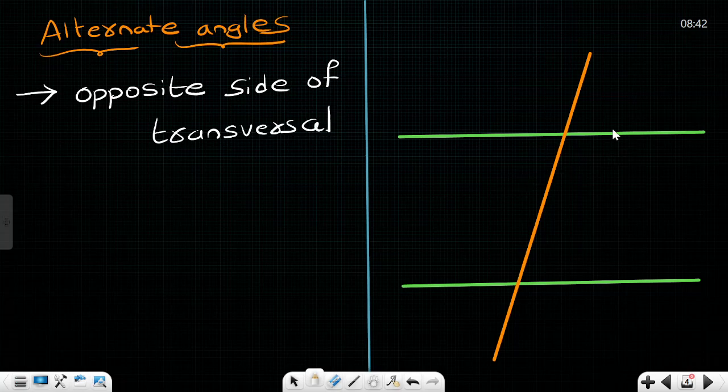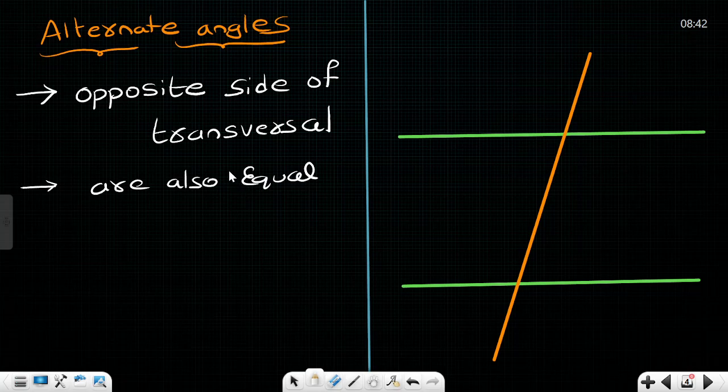So if one angle is on the left side, other angle will be on the right side. That is the meaning, and with addition to this, the alternate angles are also equal. Very important. They are also equal.